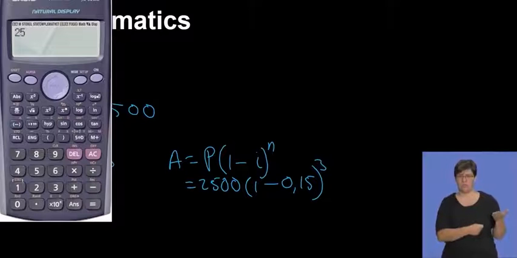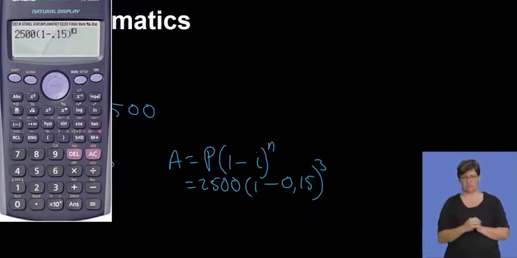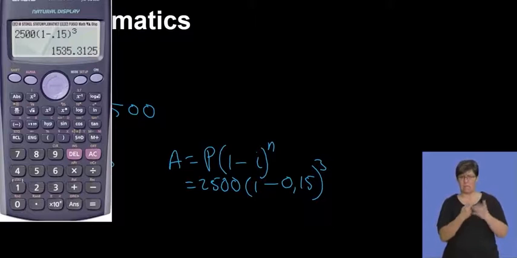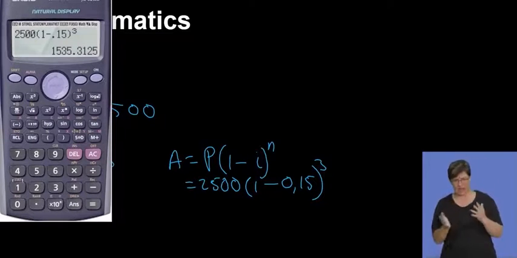So you just go to your calculator, substitute everything as is, 1 minus 0.15 to the exponent of 3, and you find what the answer is. Now you can see, if I was to find a value that is greater than the 12,500, then I would really have a heart attack, because there is no way that I'm using depreciation and I must get a value greater than 12,500. So that's one of the ways you need to look at it when you're doing your maths, so that you know whether you are on the right track or not.